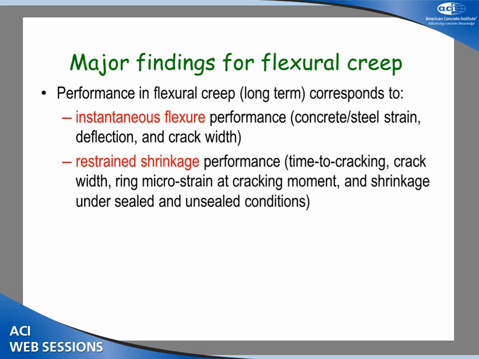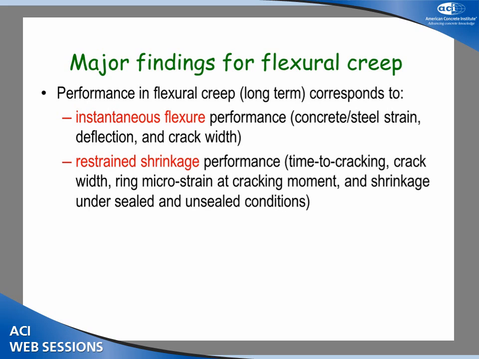And then in terms of flexural creep, which I presented, we see that the performance of the flexural creep is very similar to the performance of the concrete under instantaneous static loading, and also very similar to what we were able to learn by doing the restraint shrinkage, the ring test in terms of time to cracking, crack widths, and the different strains that are developed, as well as the drying shrinkage and the autogenous shrinkage.